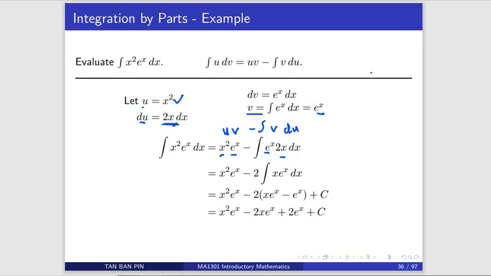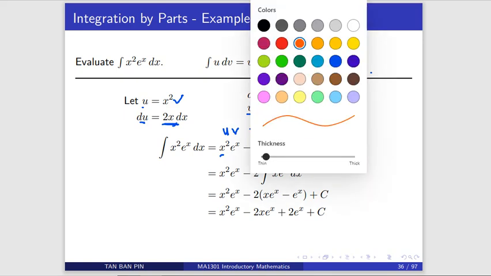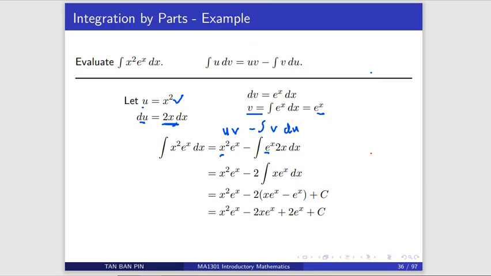So with that, after you apply integration by parts, you have to solve this integral: integrate x e^x dx. The 2 you can write outside. So it's supposed to integrate x e^x dx.